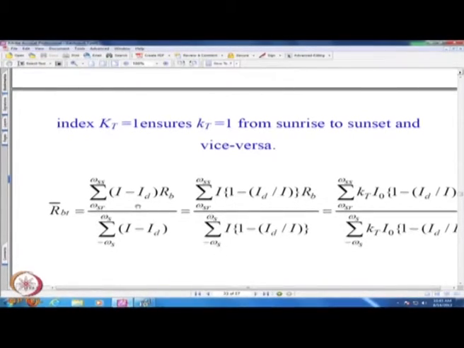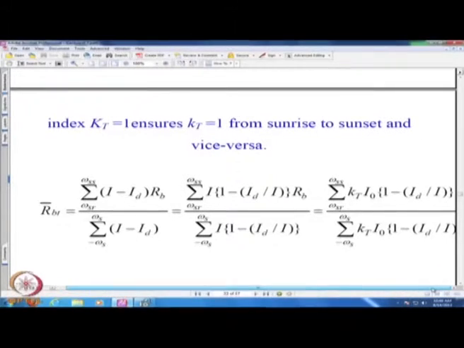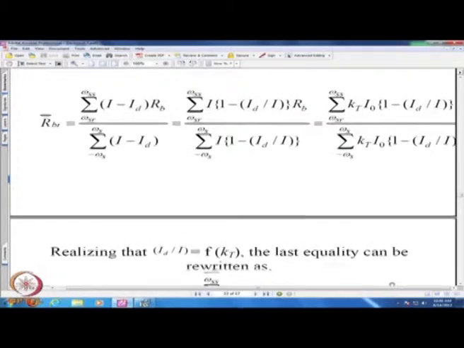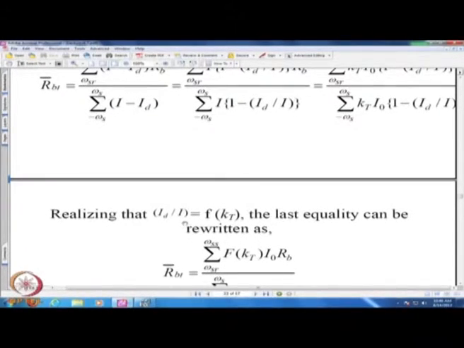So, I write I b as I minus I d, which can be written as I into 1 minus I d by I, which can be written as clearness index into I 0 into 1 minus I d by I. Once again, you can see that I am trying to avoid I everywhere except I d by I and the analytically calculable I 0. Now, according to Erbs-Klein-Duffie correlation, I d by I is dominantly a function of clearness index.